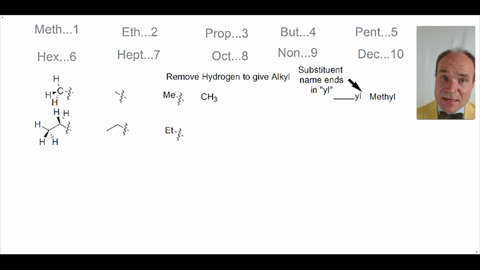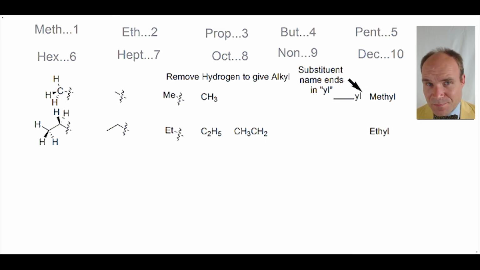So instead of having C2H6 that we had with the alkane, we now have C2H5 or CH3CH2 instead of CH3. What do we call it? Again, we resort to our numbering system. So it's 2 carbons. This will be eth, but it's not ethane, it's ethyl.